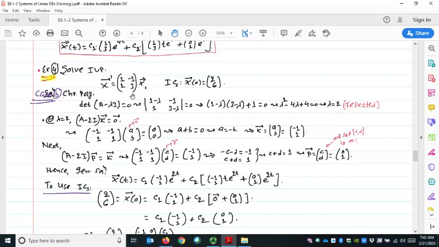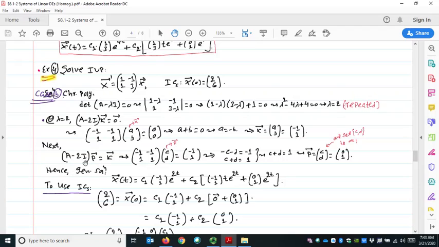So times this vector k, we assume has components a and b, so we'll find out later. The 0 vector has components 0 0. Multiply these two matrices, and that gives you the vector k, which is the eigenvector corresponding to lambda equals 2, with components minus 1 and 1.